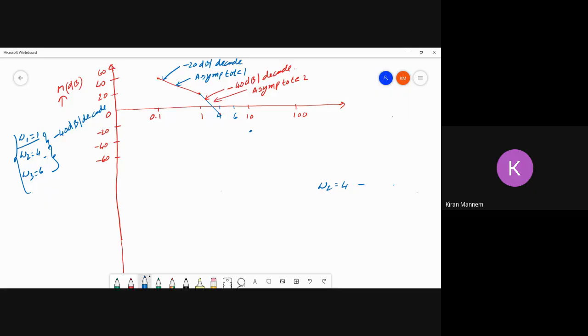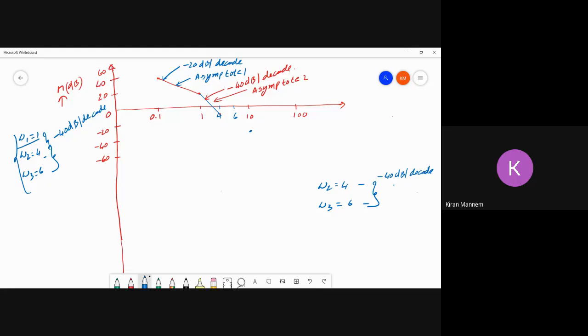It has some value, and at omega equal to 3, it has some value. We should draw a line between 4 and 6. At omega 2 equal to 4, it is the minus 40 dB per decade line. So I should add this omega 2 to the next corner frequency slope. So what is that?